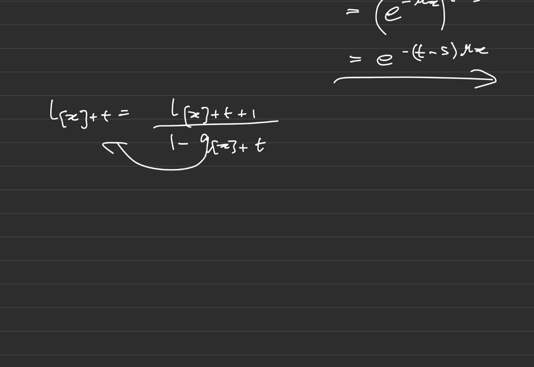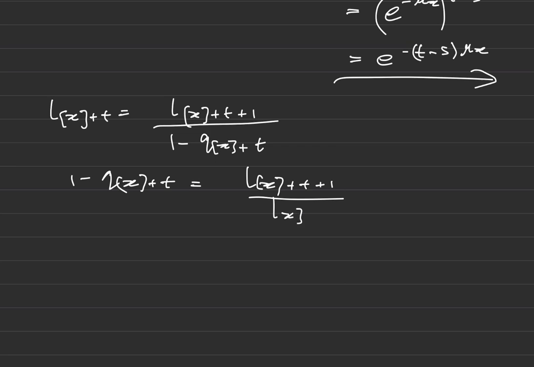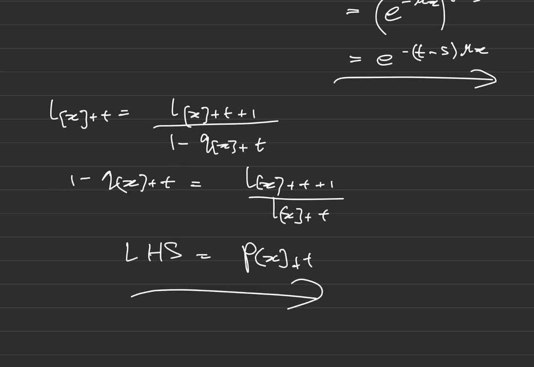But if we take that across, and then take that across. Let me just do it. Okay, so this is 1 minus q x plus t is equal to Lx plus t plus 1 over Lx plus t. This is the probability that x plus t survives for 1 year, and this just equals to this left hand side. Okay, so that's true. Okay.